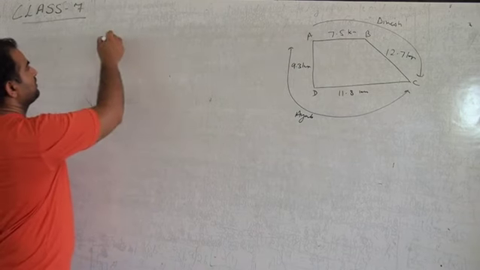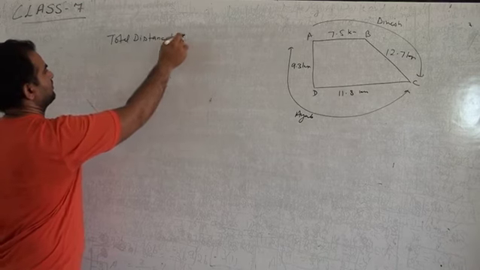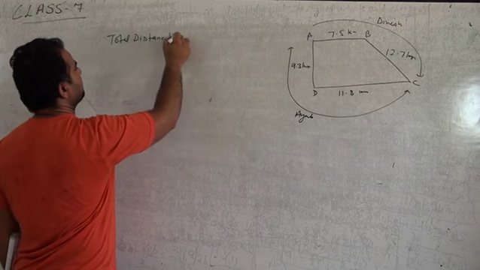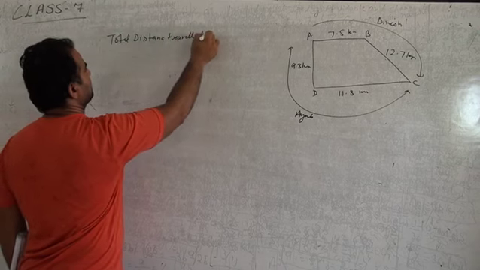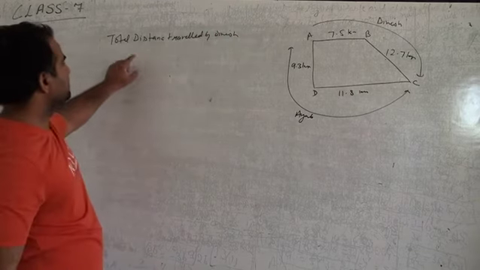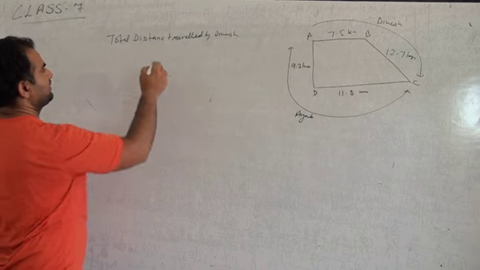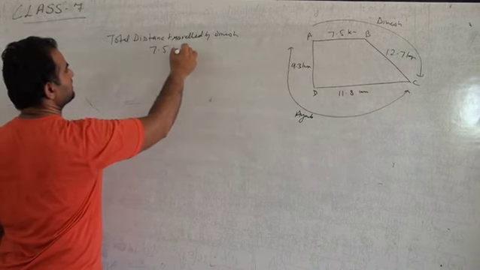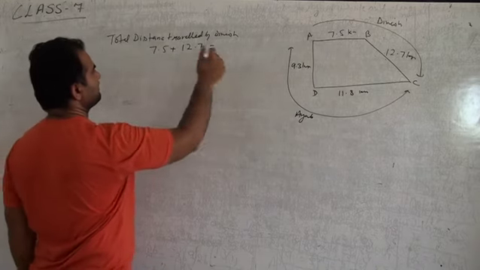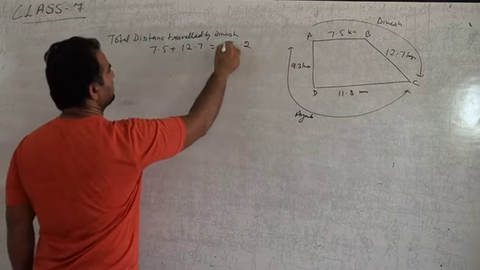Total distance traveled by Dinesh is 7.5 plus 12.7. So how much have they traveled? 7 plus 5 is equal to 12. 12 plus 7, it will be 20.2 kilometer.